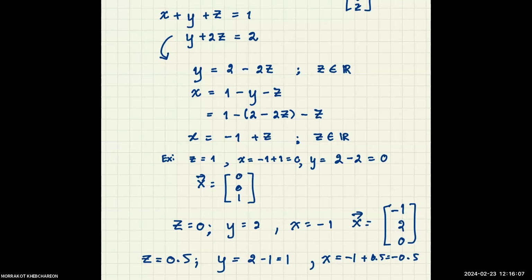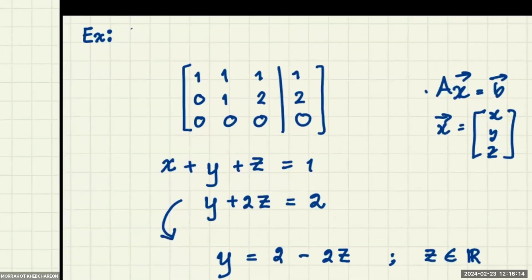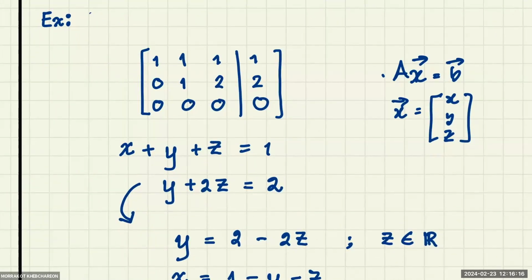And z is in the real numbers, so there are so many choices. If you have a reduced row echelon form like this, you will have infinitely many solutions.